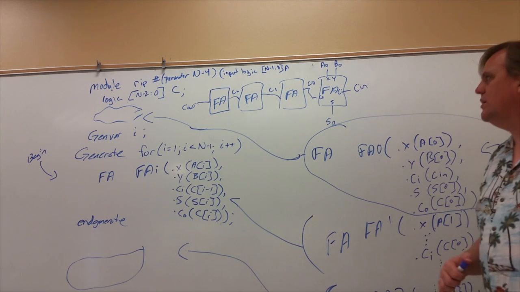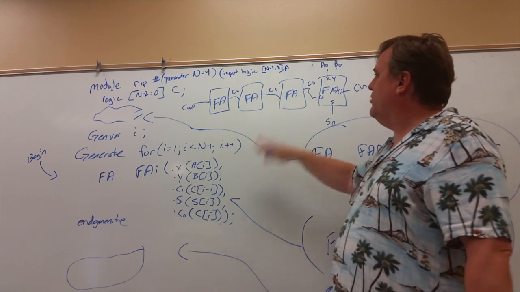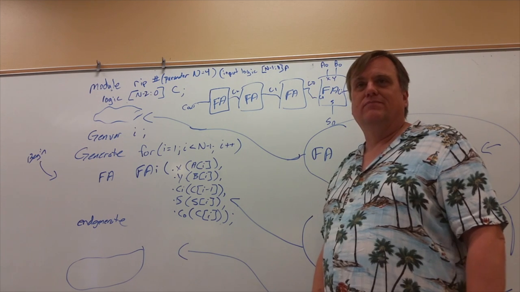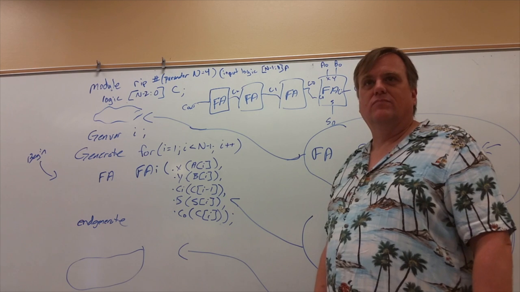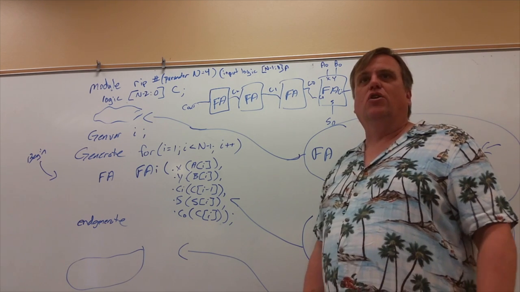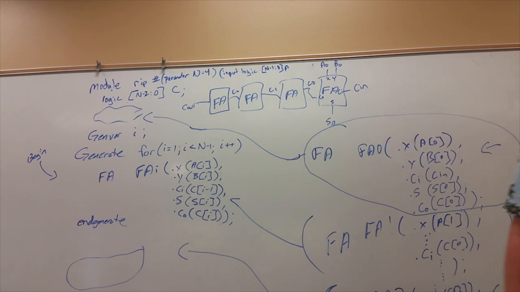Well, if I don't do generate, I have to build them all manually. There's a way to kind of call them all manually, but at once. If you do FA and then 3, 0, and then name it, you have to declare it in such a way that you can pass multiple wires to it.